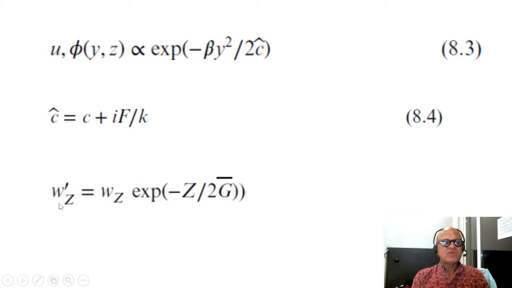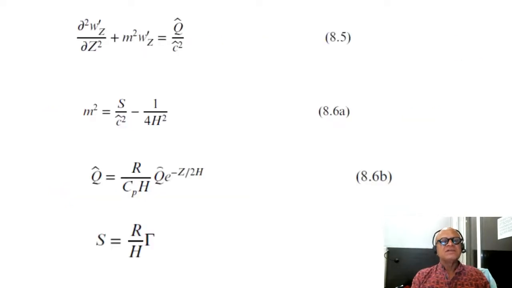If f is 0, we end up, of course, with the inviscid fast wave. The vertical velocity perturbation associated with the vertical propagation can be written this way in terms of Wz. So then we write the vertical wave equation in terms of m squared, which gives us the relation between m squared and the stability parameter, the complex zonal wave number, and the mean depth.